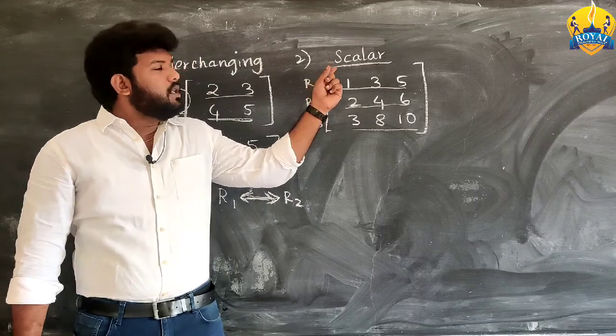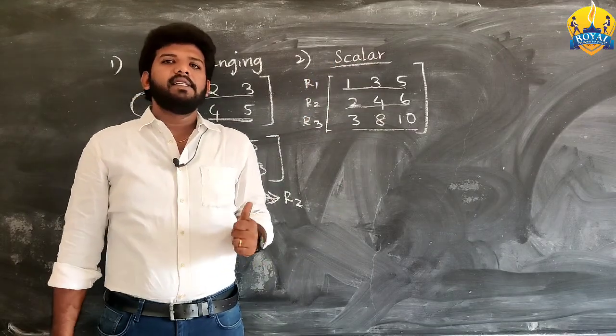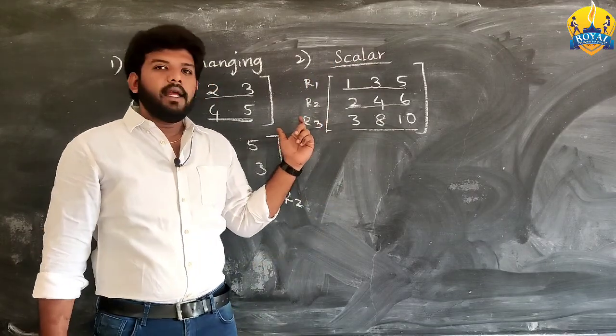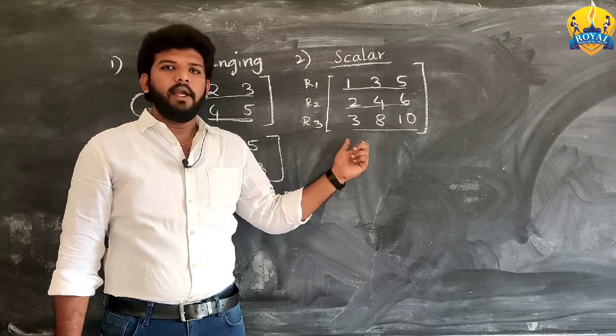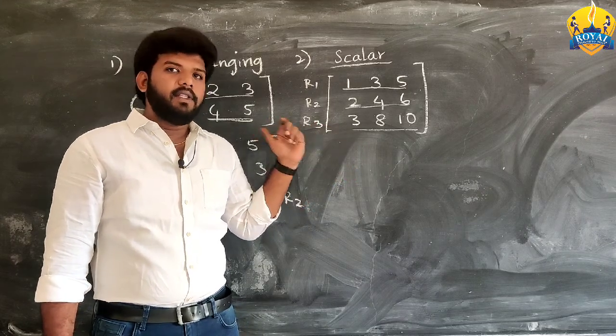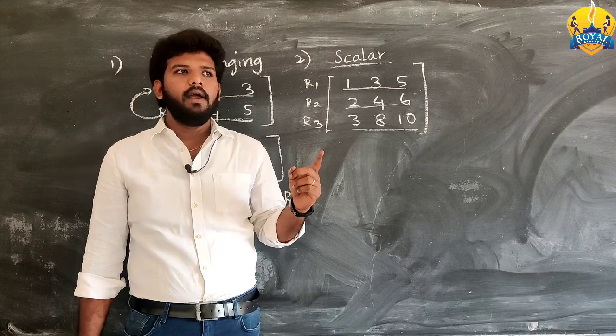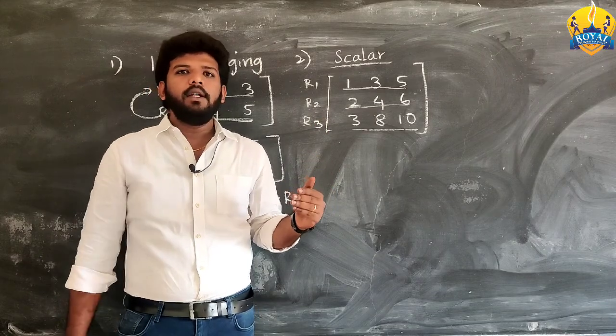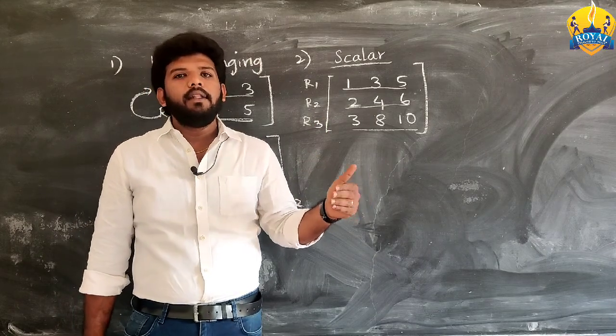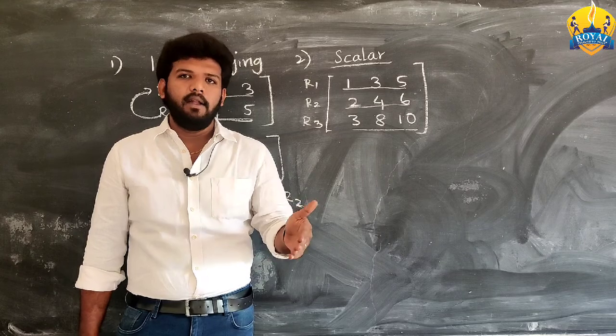In a scalar multiple, I can multiply the whole row by a number. I take a single number and multiply it so that each and every number in the row gets multiplied by that number.